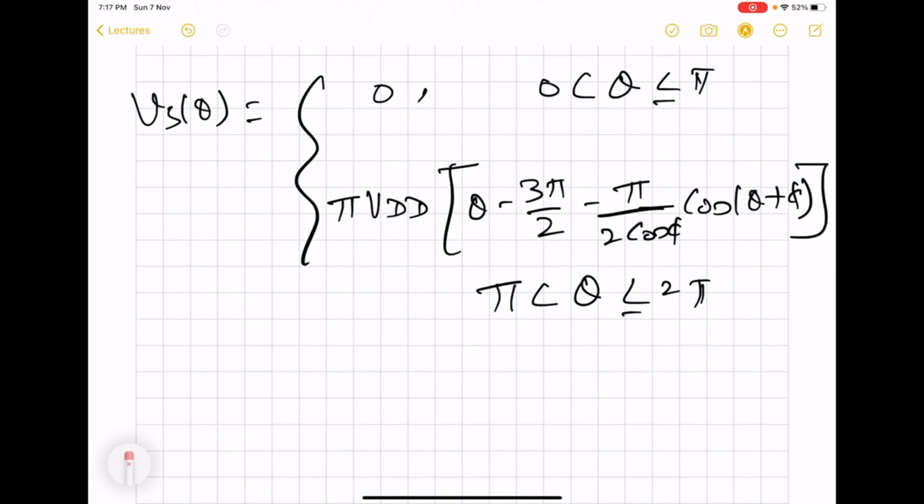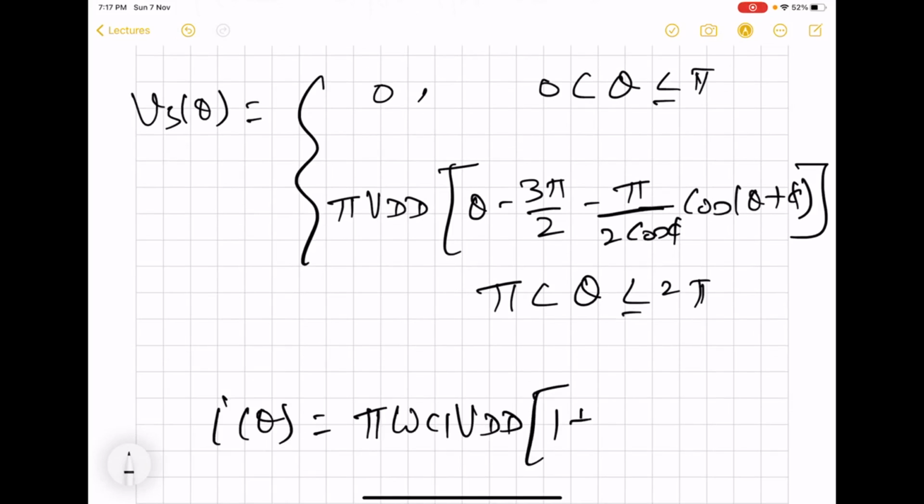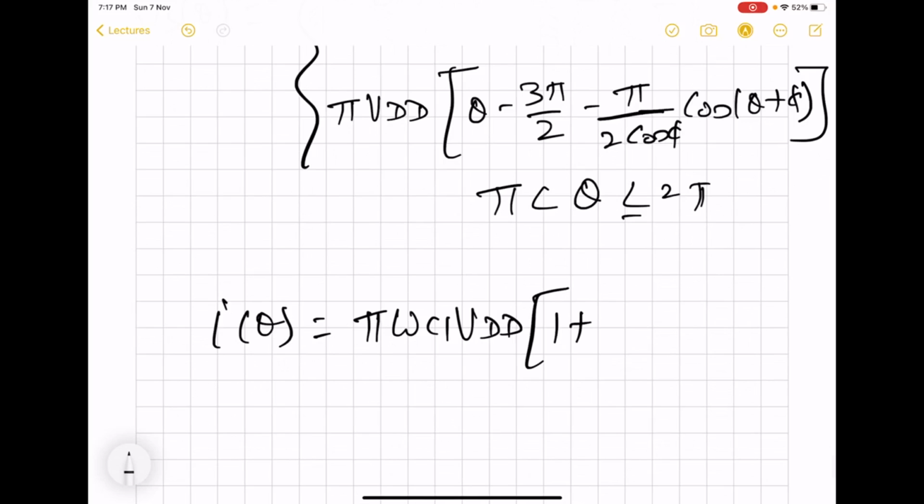And the complete current, total current, is pi omega C1 VDD into 1 plus pi by 2 cos phi sin theta plus phi.